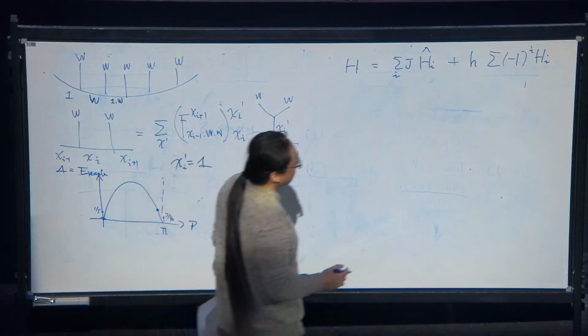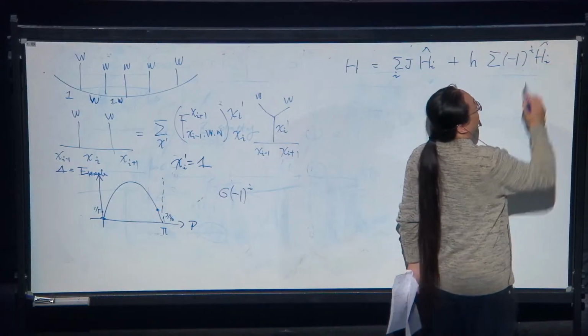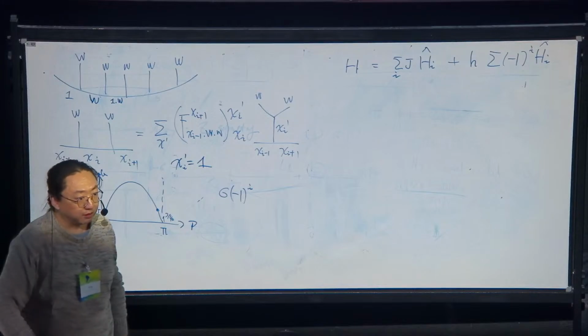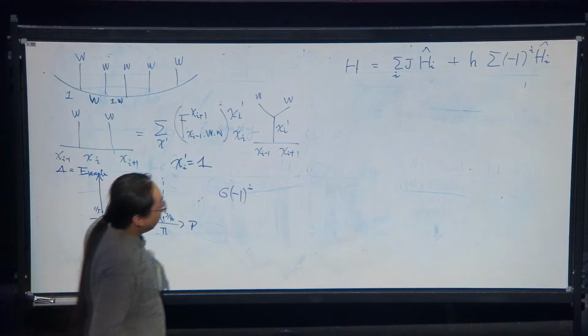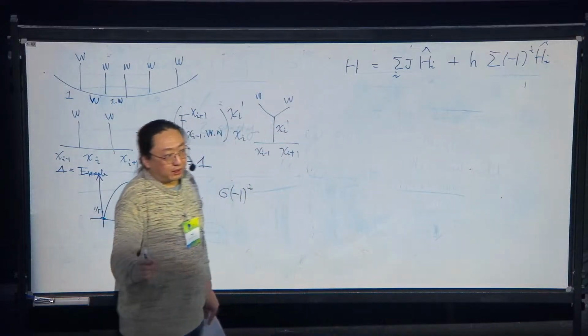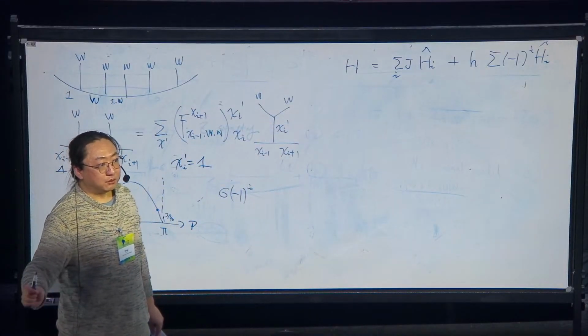My H, the Hamiltonian density, is built in a specific way so that it commutes with the Fibonacci symmetry. I'm adding this staggered deformation so that it's odd under the lattice shift on one side.